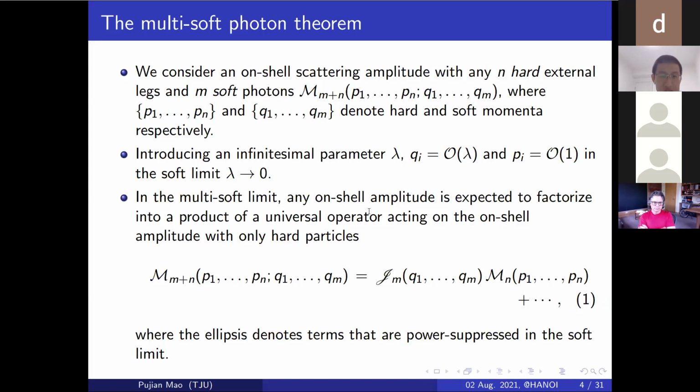In the multi-soft limit, the amplitude is expected to factorize into a universal operator acting on the amplitude with only hard particles. By the way, this J, though only the q's appear in the parentheses, is really a function of both q and p. Here q only denotes that we have m soft photons, and the ellipses denote terms that are power suppressed in the soft limit.